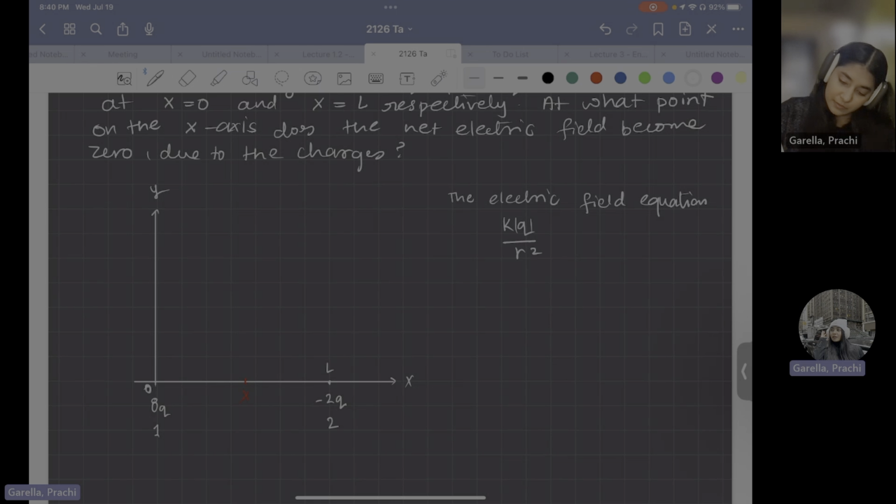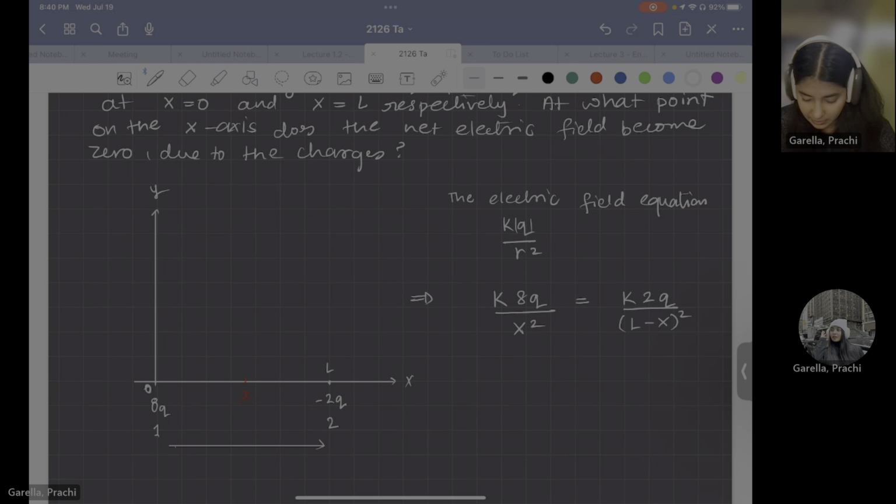So we have k 8q over, now instead of 0, we want to find the electric field at point x, so that becomes x squared, and the other one becomes k 2q over (L minus x) squared. So the distance from the second charge to this point is L minus x.